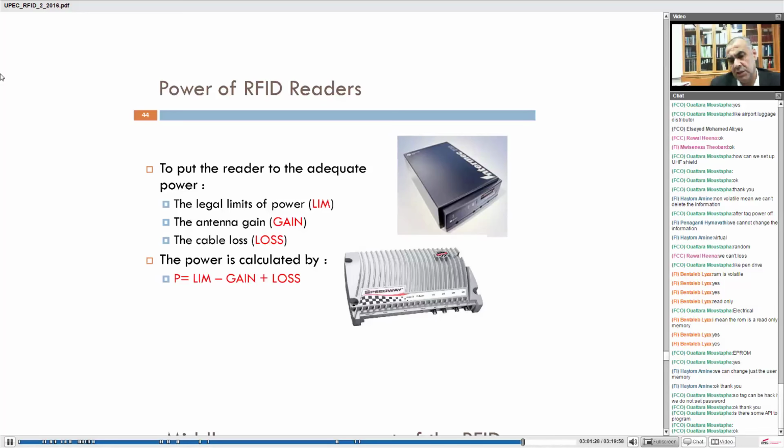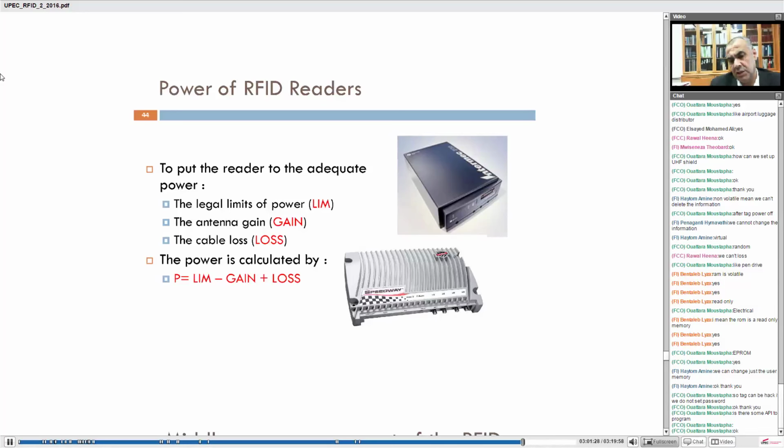You have to have 4 here. The limit will be equal to the power. Power could be 6 if you gain 1. If you gain, for example, 3 and you lose 1, so okay, it will give you 4.